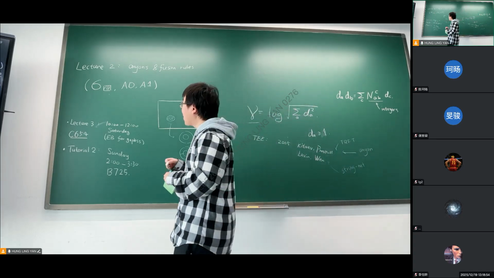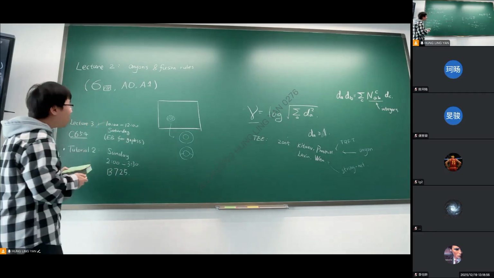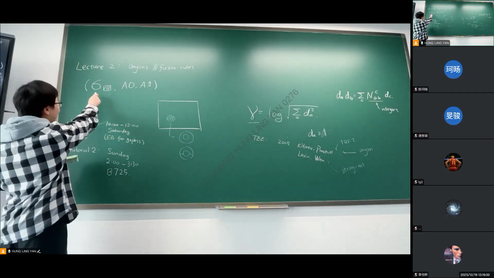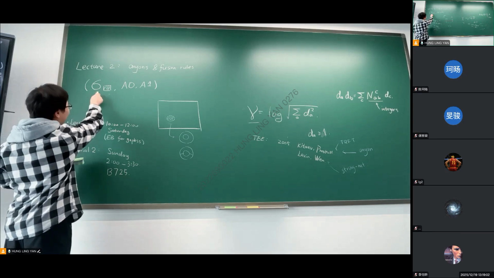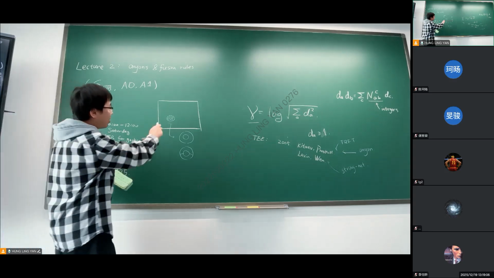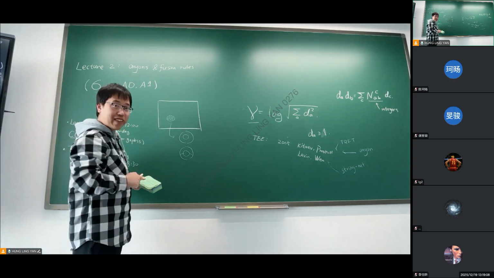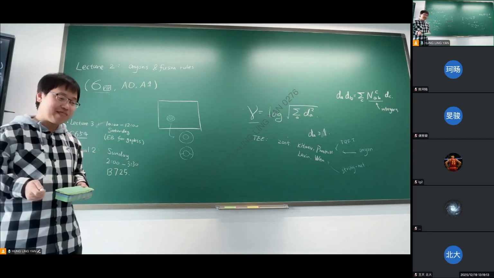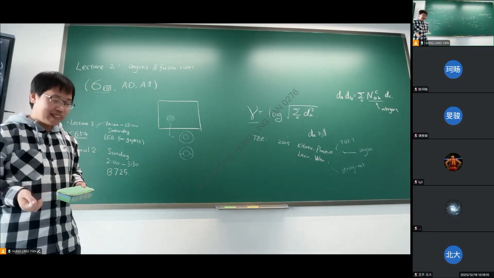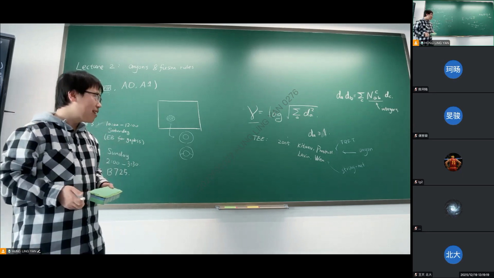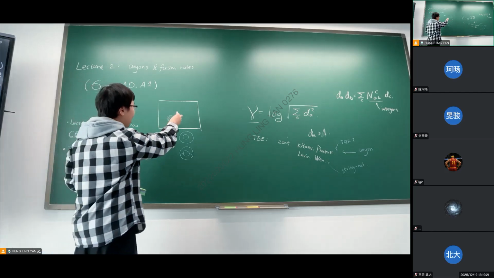So the setup of the problem that I explained last time: we have a reference state on a manifold system. Draw a rectangle, which means we have a disk-like region which is large enough. Large enough means it's several times larger than the correlation length.